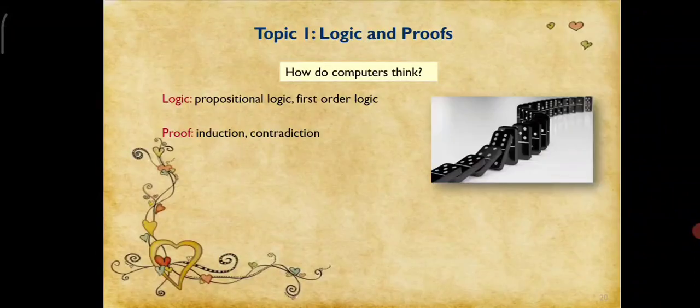I'll just explain what the first unit is: logic and proofs. How do computers think? This comes under logic and proofs. Computers think only using zeros and ones. How do they choose those zeros and ones? From propositional logic. Propositional logic deals with statements.